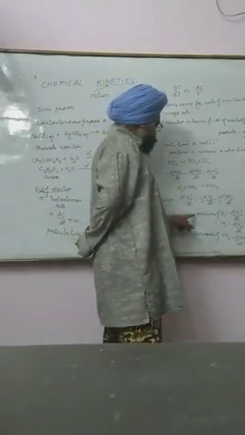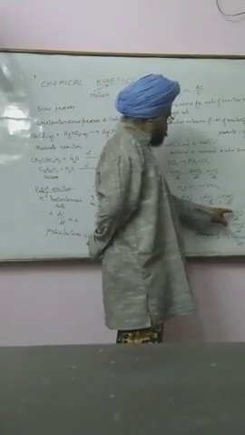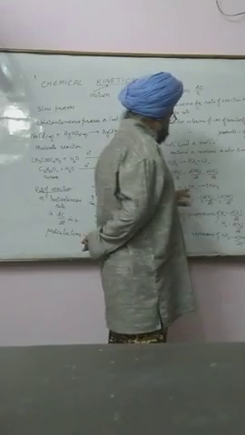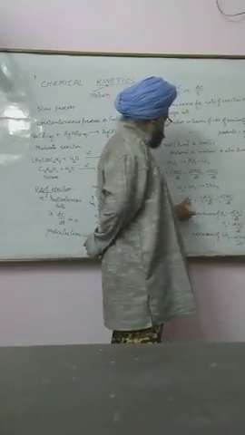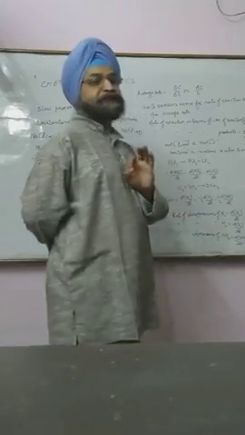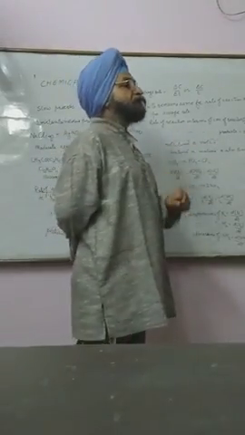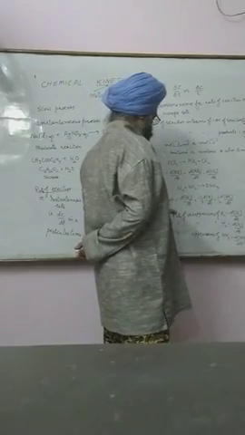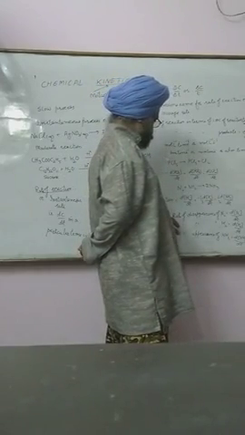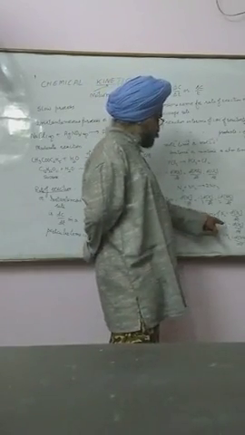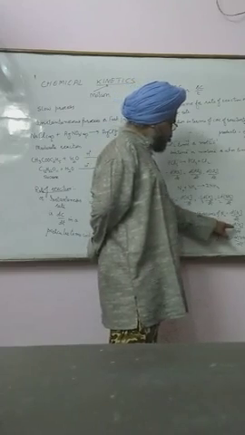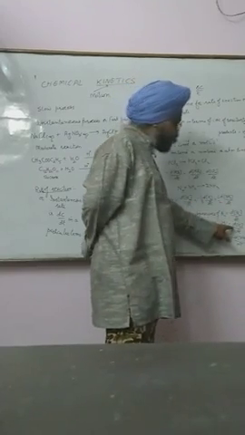The rate of disappearance of nitrogen, d[N2] by dt, is the same as the rate of reaction. During numericals, the negative sign has no significance. This is only mentioned during the expressions. And in case of hydrogen, for the rate of disappearance of hydrogen, the 1 by 3 is not included.